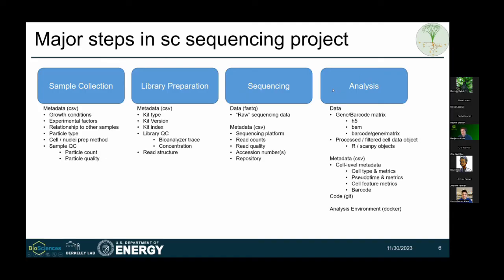I think the most lacking form of metadata out there is analysis-related metadata and data. So the data itself, the gene barcode matrix that you process your FASTQ files into, will be introduced and explained by later talks today. This is usually deposited, but processed or filtered cell data objects are more rarely deposited in these repositories.